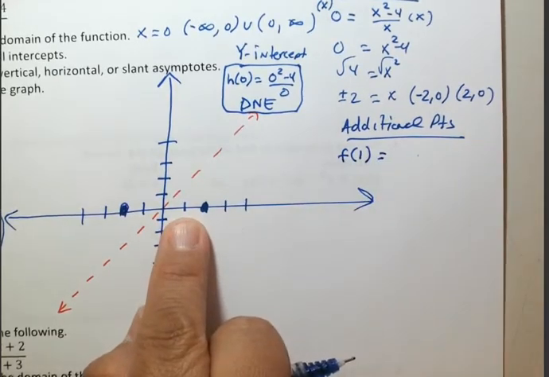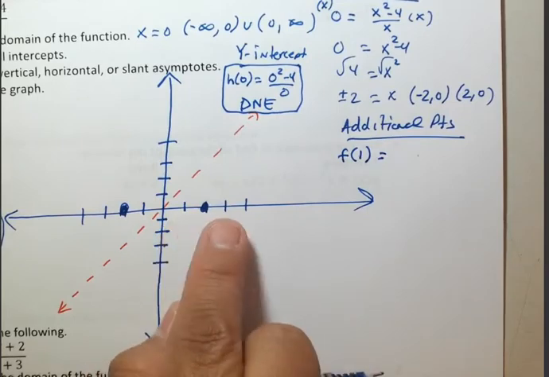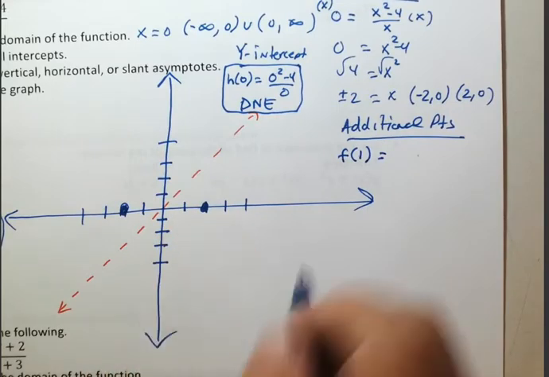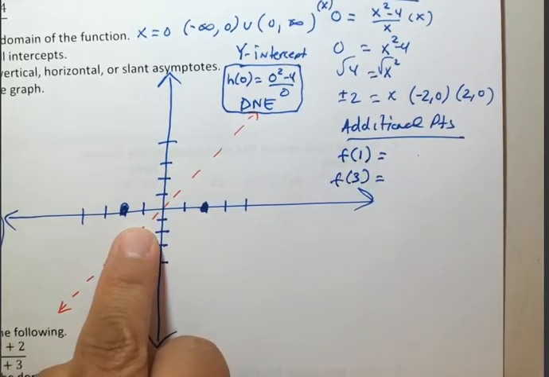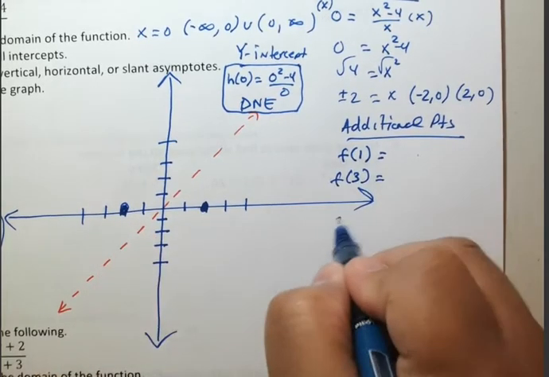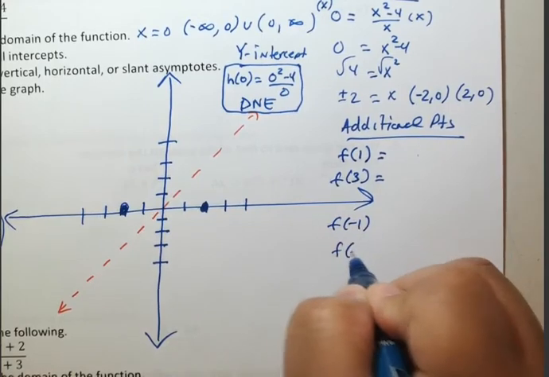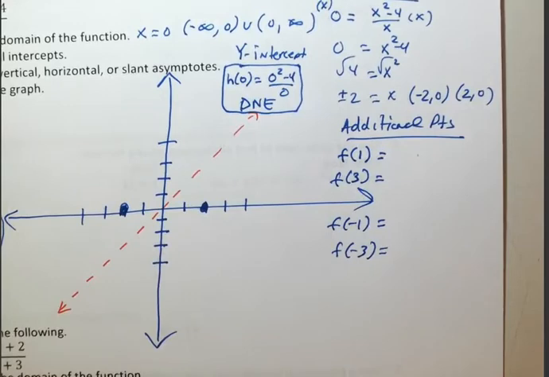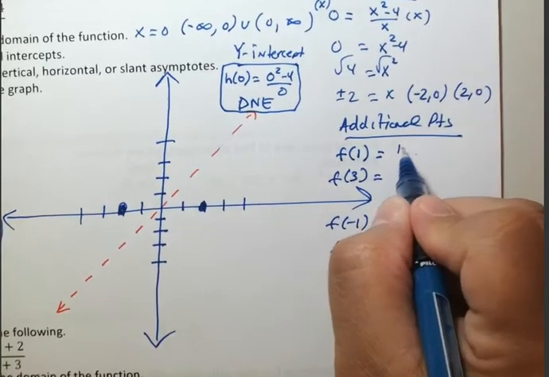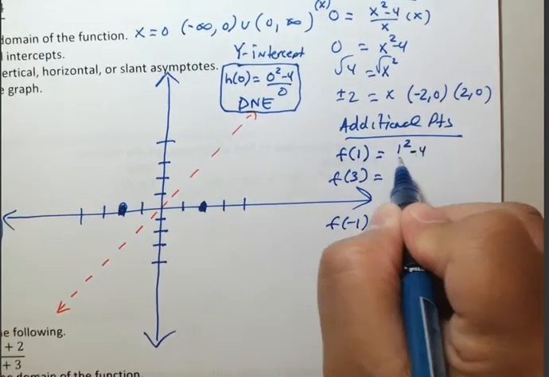I wanna see what happens there. And then maybe I wanna see what happens to f of 3. And then the same on this side, I'm gonna do f of -1 and f of -3. So if I plug in a 1, I get 1 squared minus 4 divided by 1.